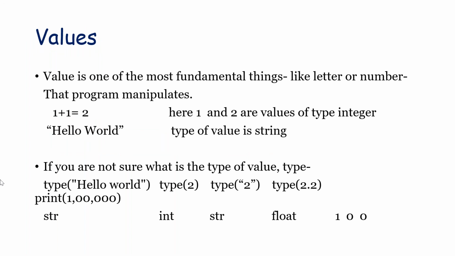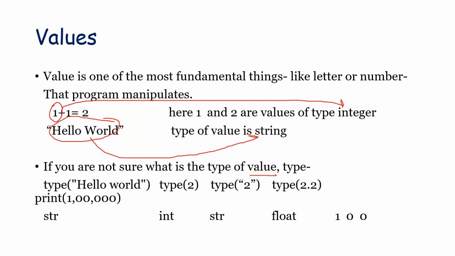Now if you are not very sure what is the type of your value, so here you see 1 is a value, but it is of type integer, right? Hello world is also a value, but it is of type string. So if you are not very sure what is the type of your value, then you need to do this thing.